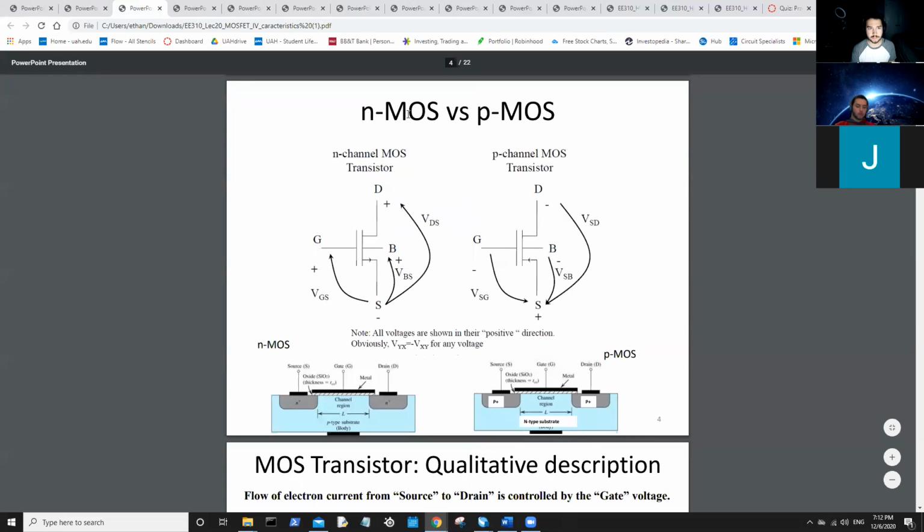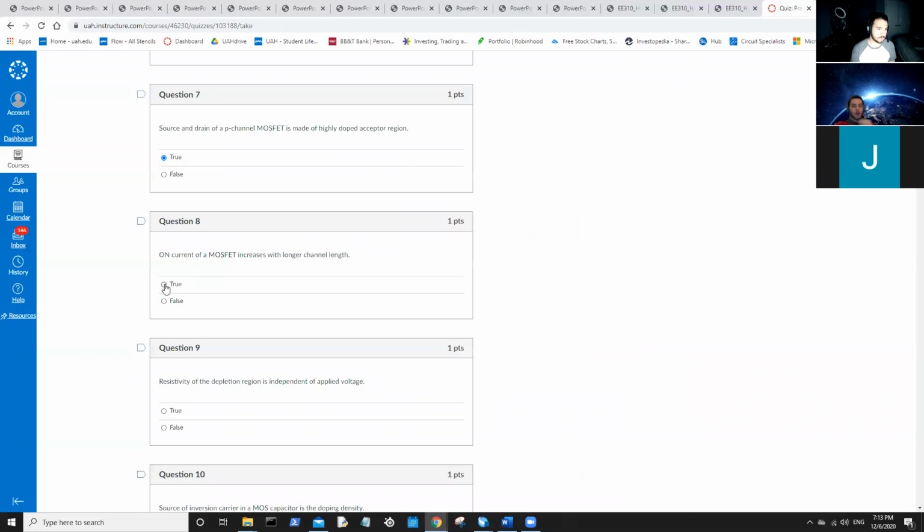If it was asking about the NMOS source and drain composition, it would be donor, N-type. And the channel region is the inverse. So the channel region is P when it's an NMOS, and N when it's a PMOS. But the source and drain is the same as its namesake. So that's true. Wait, I already answered that.